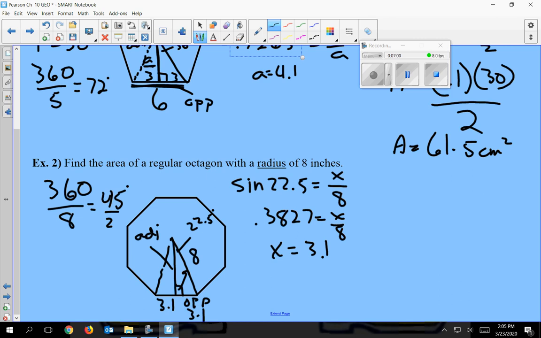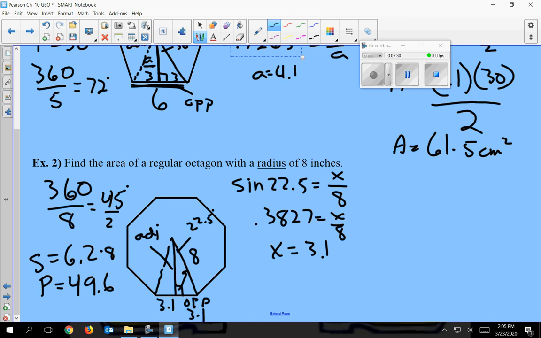So my side really is 6.2. To get the perimeter, then I'm going to have to multiply that by 8. Sorry about that. Hold on a second. I'm going a little too fast. That's going to get me 49.6 for my perimeter.